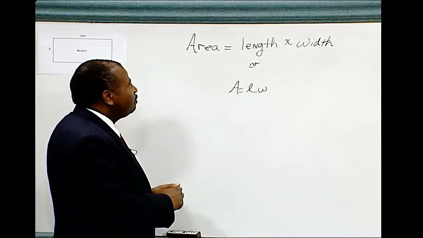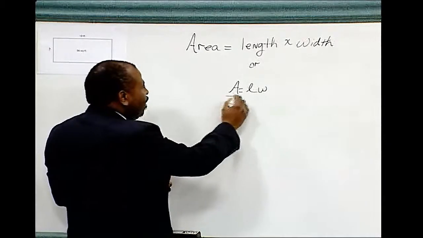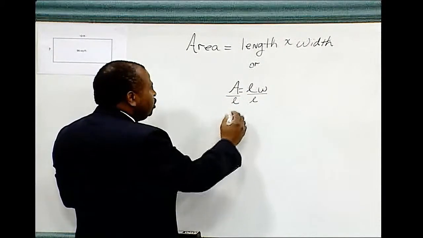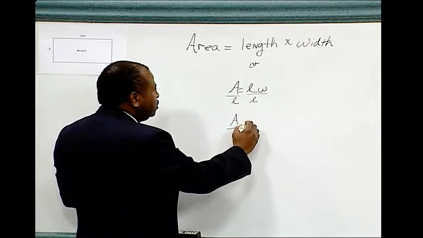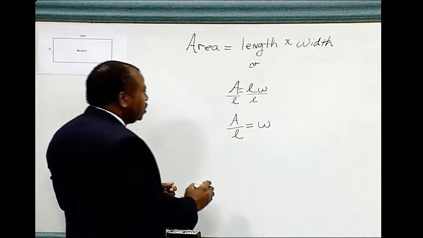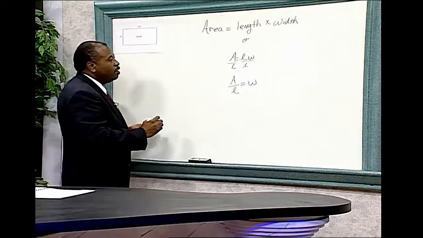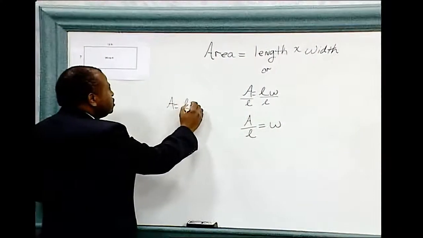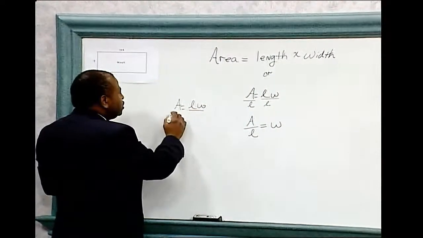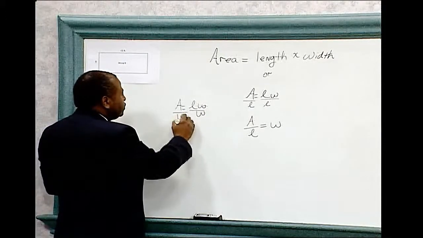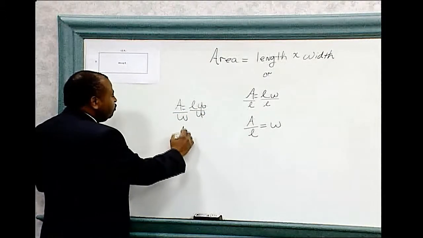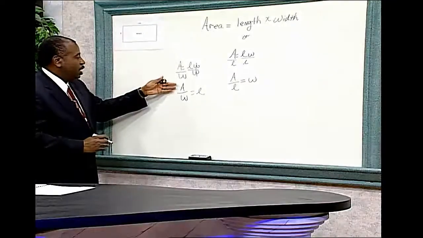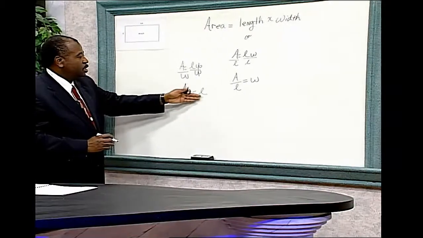If we would like to derive the formula for the width, we would divide both sides of this equation by L. We have a new equation, A over L is equal to W. If we would like to derive the formula for the length, we start with the original formula, A is equal to LW, divide both sides by W. We're left with this new formula, A over W is equal to L. This formula is saying the area divided by the width is equal to the length.